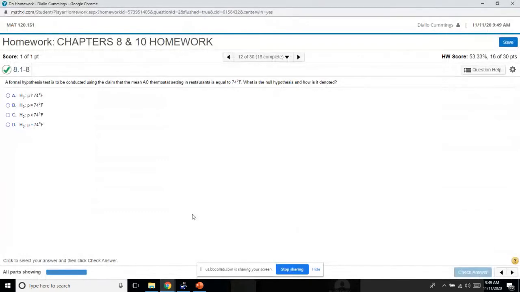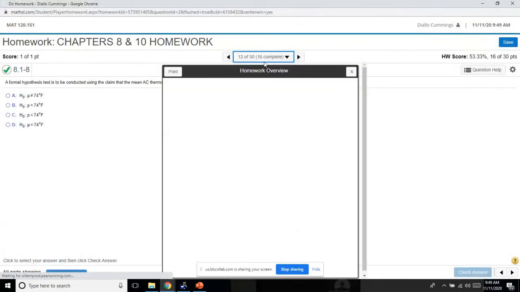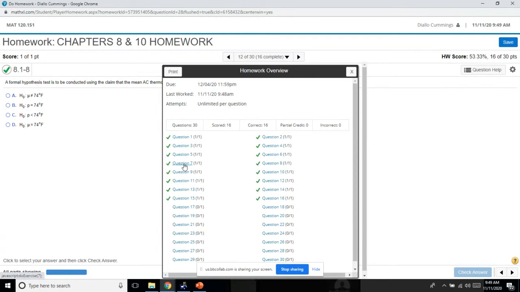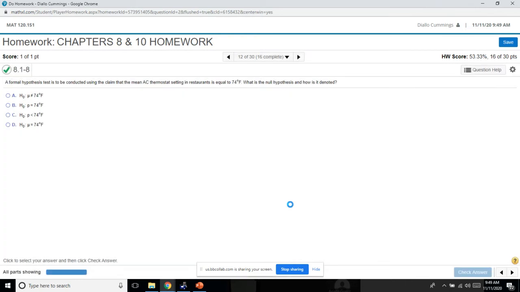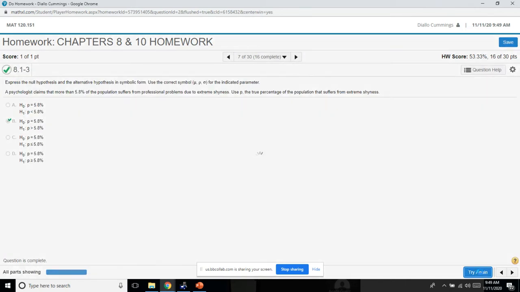Just taking a look at a couple of examples, I now want to take a look at problem number 7. In problem number 7, we're asked to set up both the null and the alternative hypothesis.